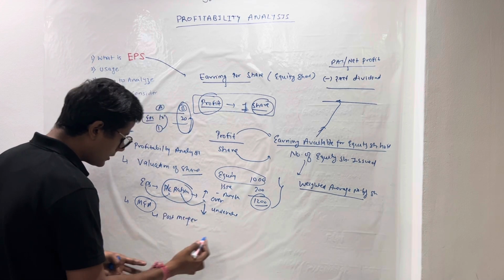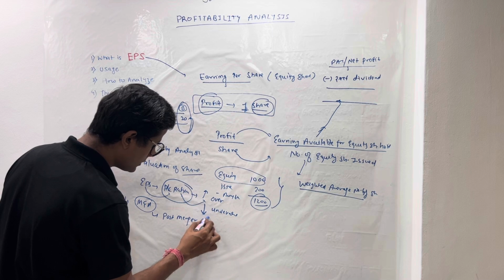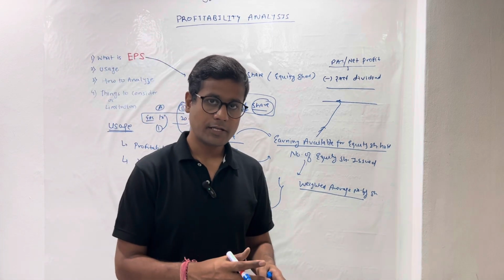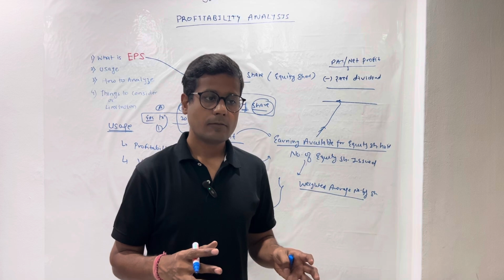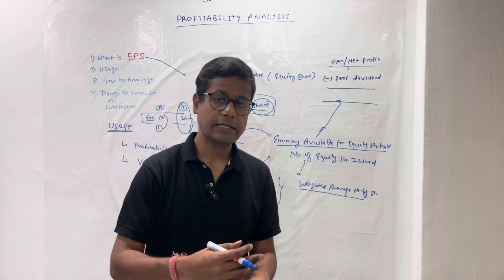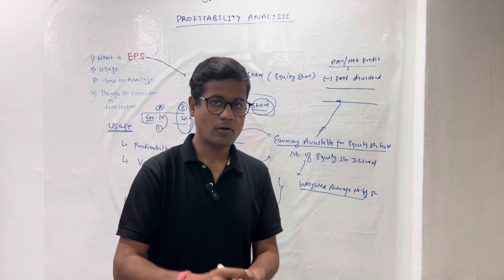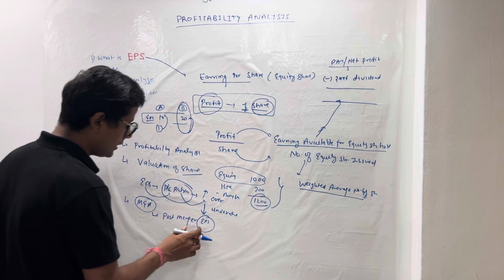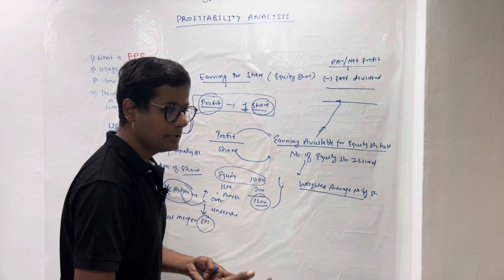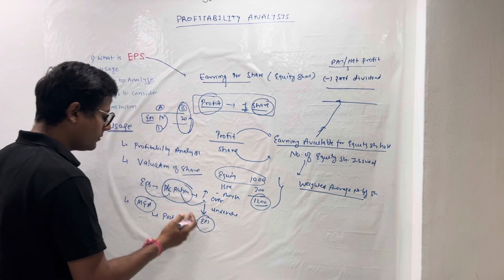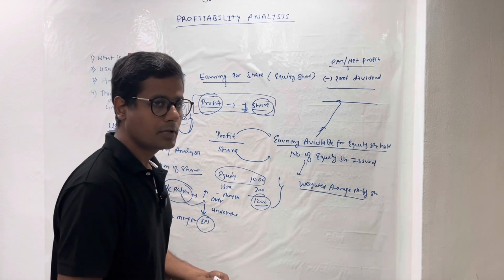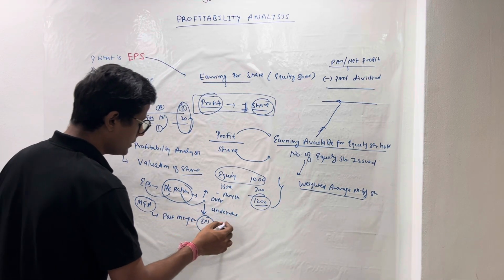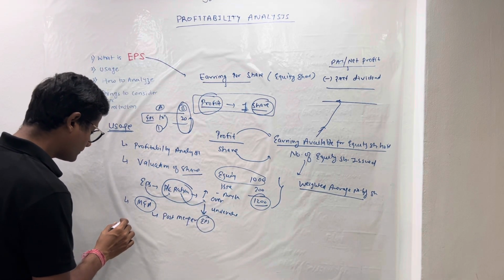If I merge with another company, what would be my post merger EPS, so that we know whether the merger is creating synergy or whether it is beneficial for the shareholder, whether it is increasing their earnings or not, right? If post merger the EPS is not increasing, it means that the merger is not useful for the shareholder, or their earning is coming down. So that's where post merger EPS analysis is very useful.